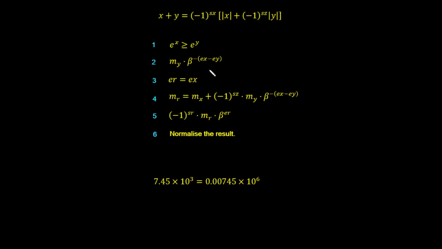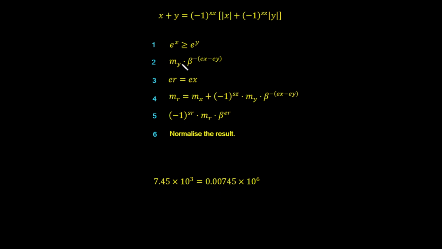And this is the little bit of mathematics that tells us we're going to align the mantissa. So we've got an example down here. In the previous page we had 7.45 times 10 to the 3, and what we did is we increased the exponent by 1,000, and then we decreased the mantissa by 1,000.